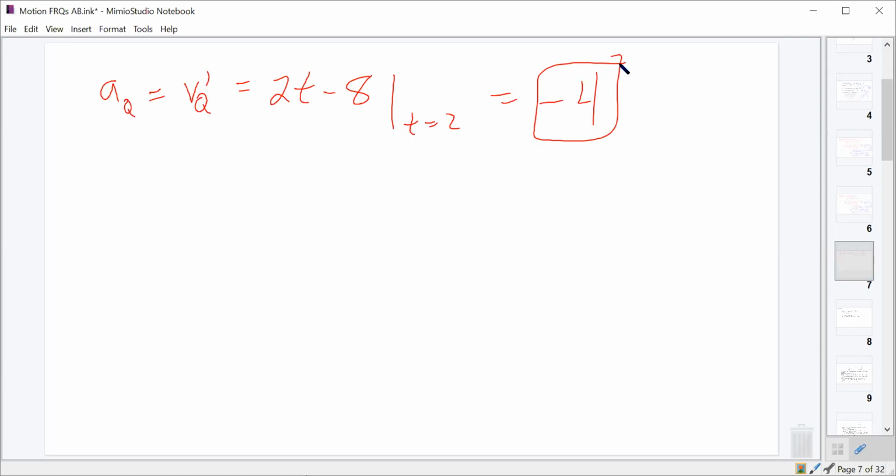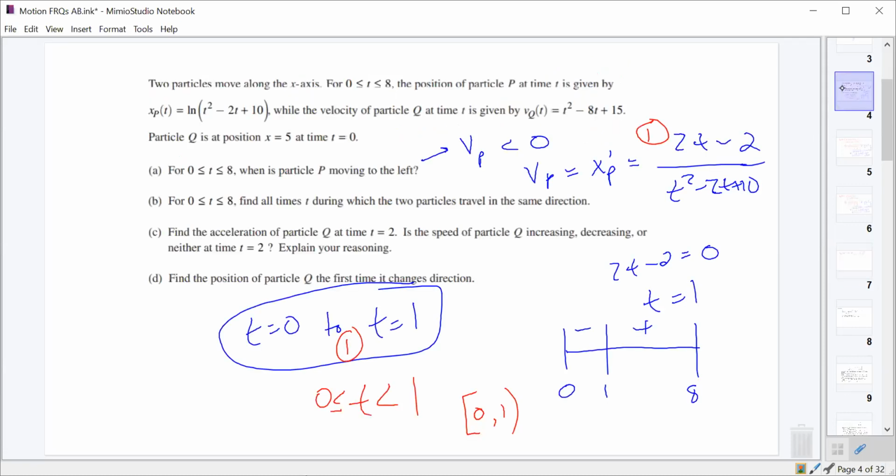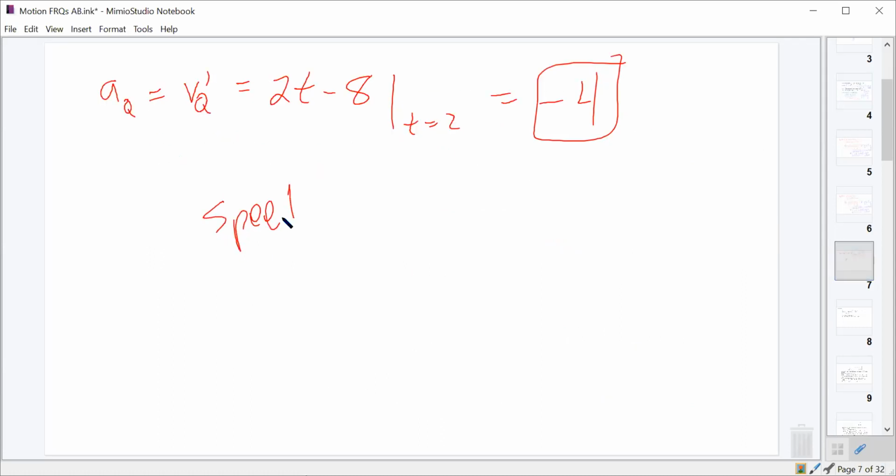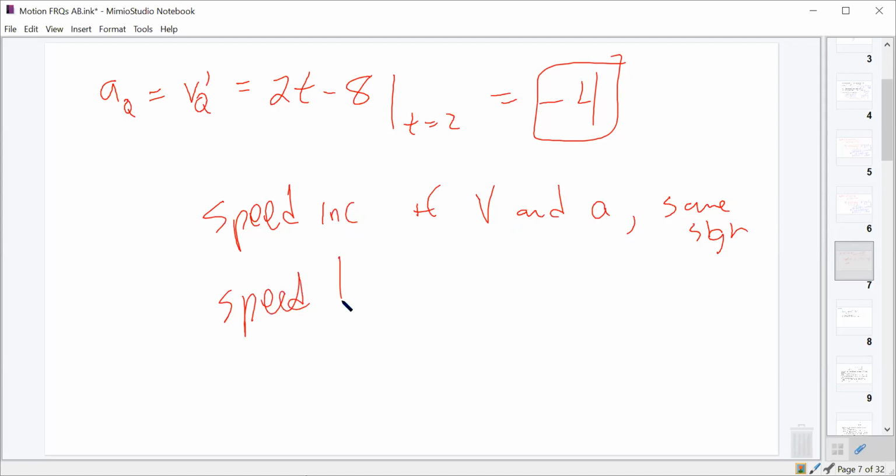And then the second part of that question said, is the speed of Q increasing, decreasing, or neither at time t equals 2? We talked about this on a problem fairly recently in the multiple choice. Remember that speed increases if velocity and acceleration have the same sign, and speed will decrease if velocity and acceleration have opposite signs.